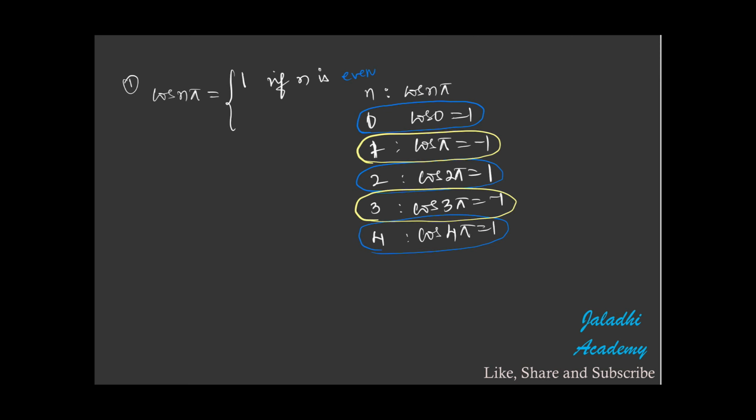And if we consider one more, for 5 we get cos 5 pi, whose value is minus 1. So we need to remember in the problems that cos n pi is equal to 1 when n is even and minus 1 when n is odd.